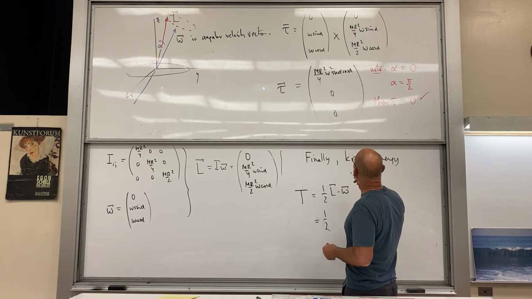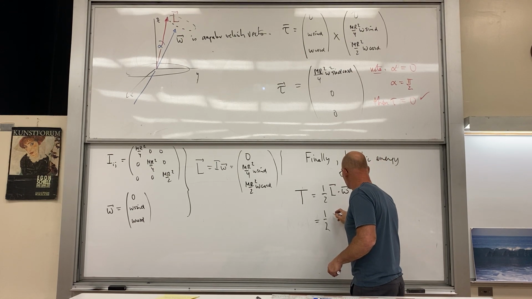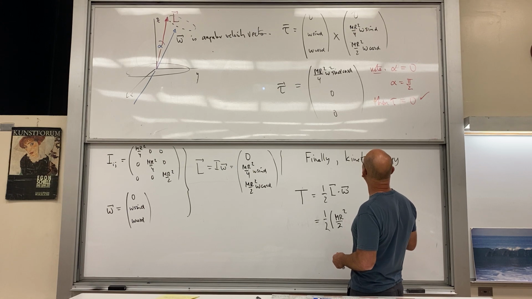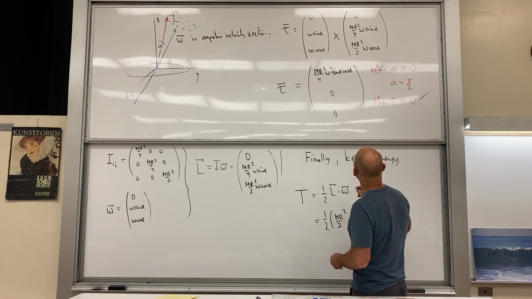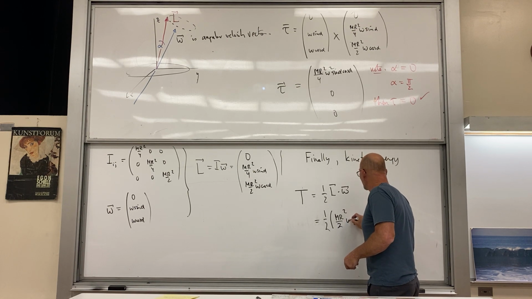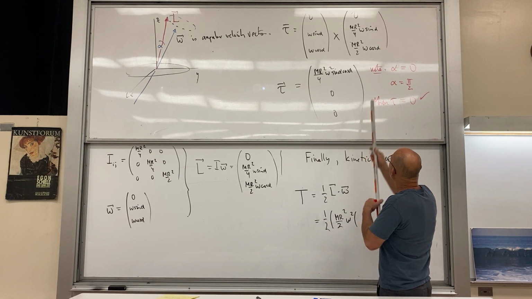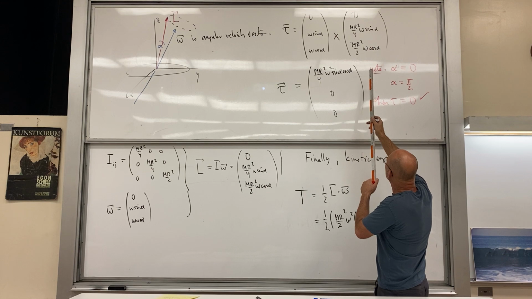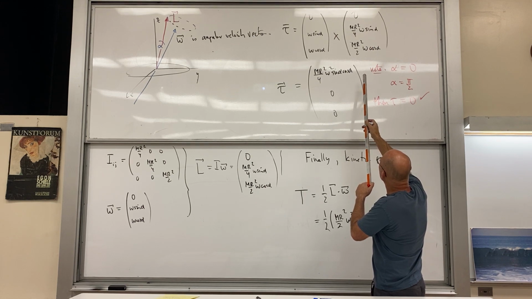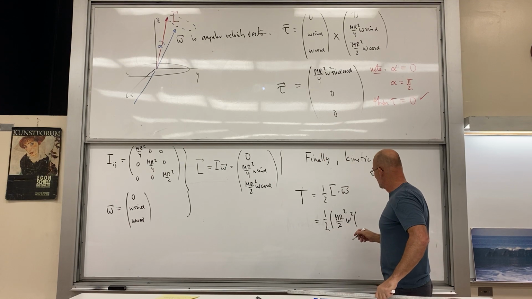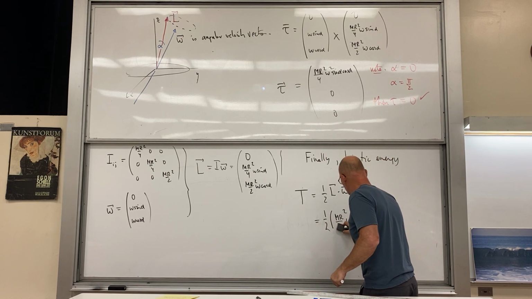so we're going to have cosine squared. So let's go ahead. So we have mr squared over 2 omega squared, and then we'll have a cosine squared plus 2 sine squared, so over 4. We'll do it the other way.